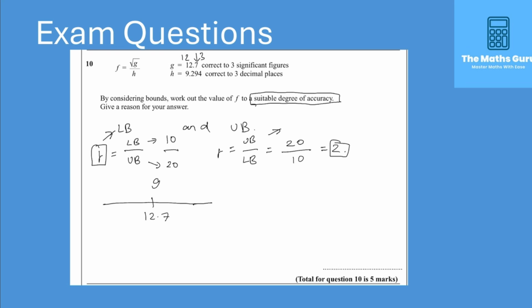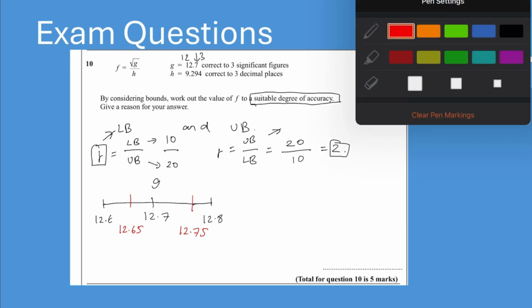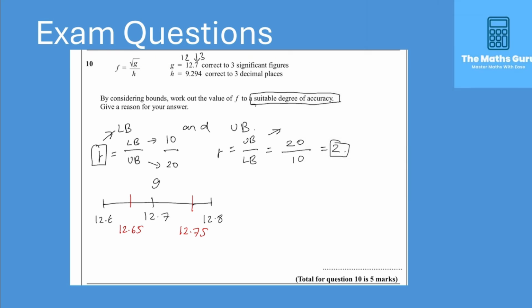We then increase it by 1 increment on the right hand side and decrease it by 1 increment on the left hand side. So we now need to consider our midpoints. Our left hand side midpoint is going to be 12.65 and our right hand side midpoint is going to be 12.75.